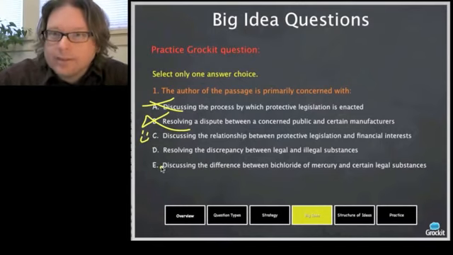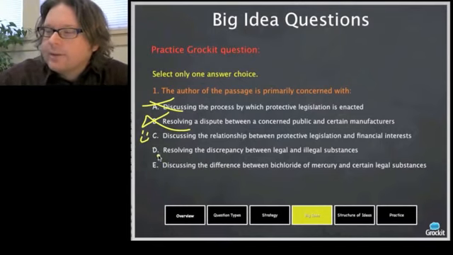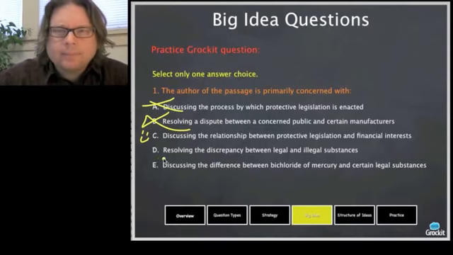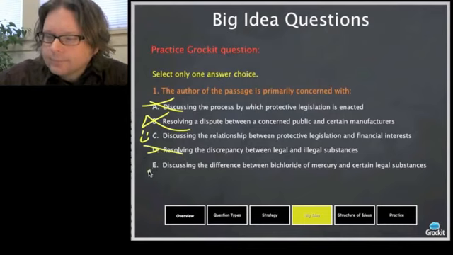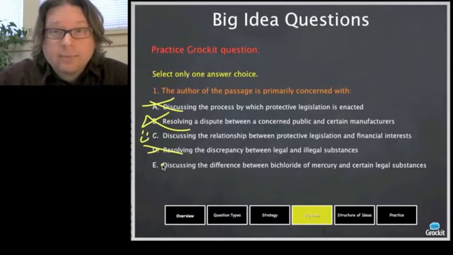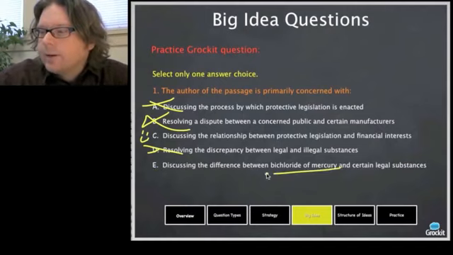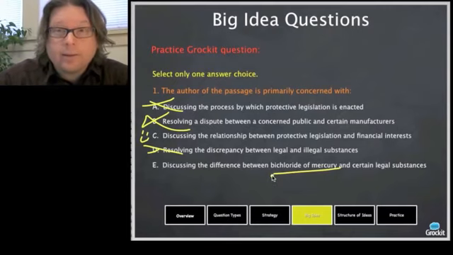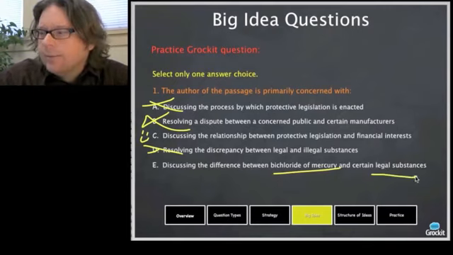Remember, you always read all the answer choices. D, resolving the discrepancy between legal and illegal substances. No, we don't actually hear about legal versus illegal at all. And then E, discussing the difference between bichloride of mercury and certain legal substances. So this is the only other one that should tempt us, because we do hear about bichloride of mercury, and then the author does say, well, I think it might have been different had there been this other drug, but we're not hearing just the difference.